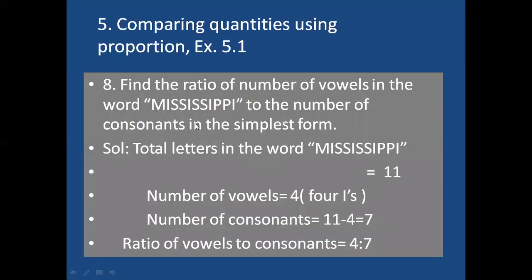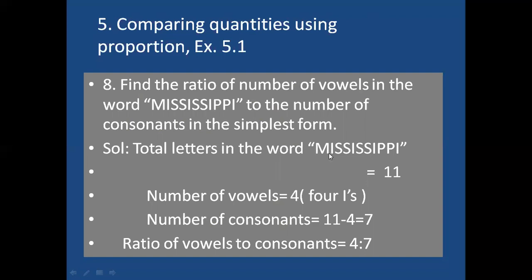Now the 8th question. Find the ratio of the number of vowels in the word Mississippi to the number of consonants in the simplest form. First, what are the total letters in the word Mississippi? Total letters in this word is 11. The vowels are A, E, I, O, U. You know that.